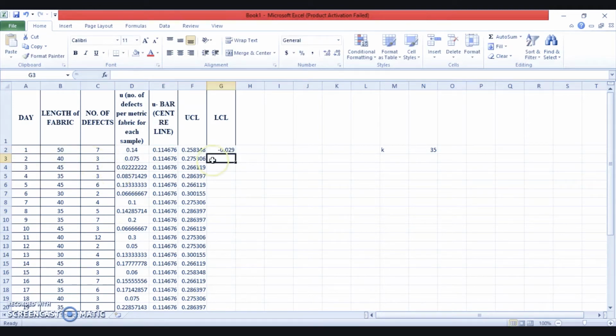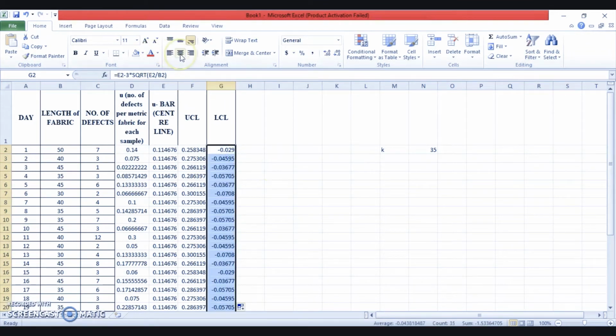Okay, so this is in negative, so just putting a double click here. Now this way we have found out the values for central line, upper control limit and the lower control limit.